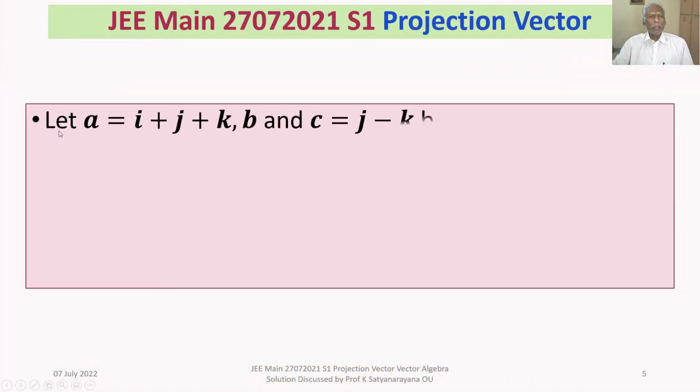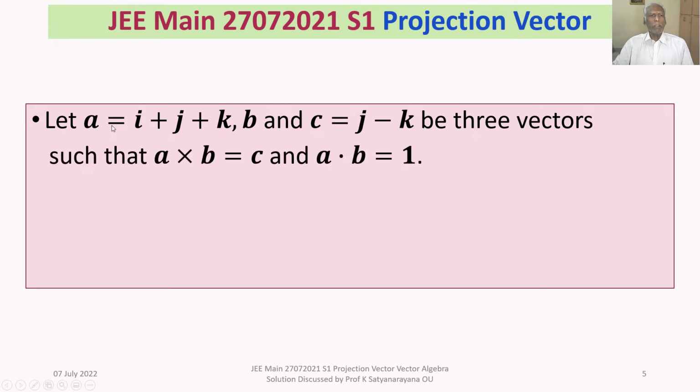The problem is: let the vector A is equal to i plus j plus k, vector B, and vector C is equal to j minus k be three vectors such that A cross B is equal to C and A dot B is equal to 1.